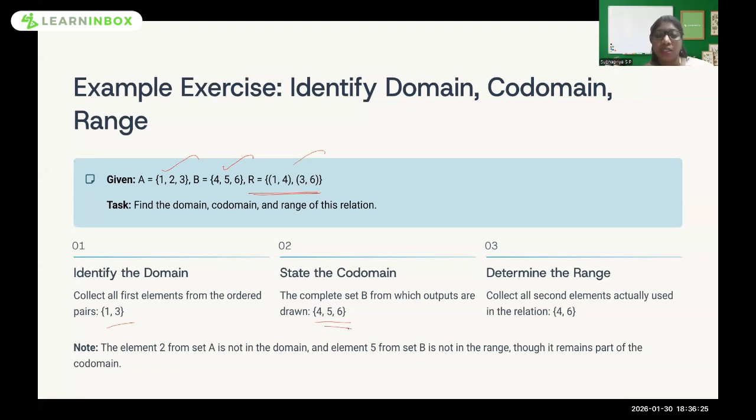Then for range, I have to write it from the relation after filtration. That will be 4, 6. Thus, two elements from A, 5 elements from B, though they remain a part of those sets, those won't become a domain nor range.